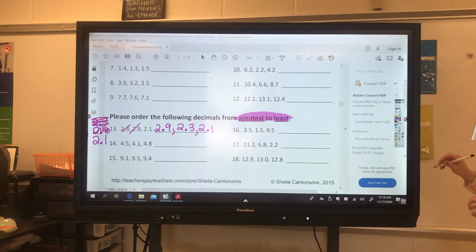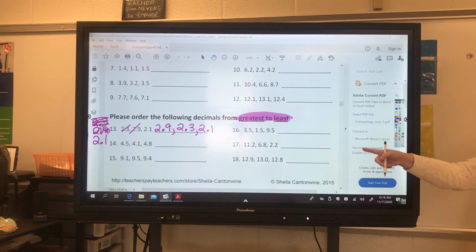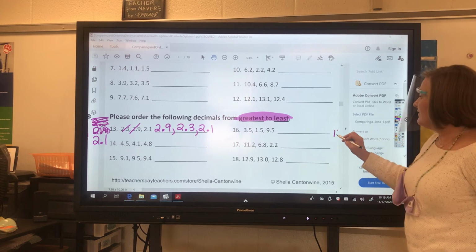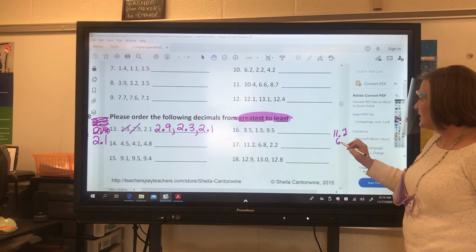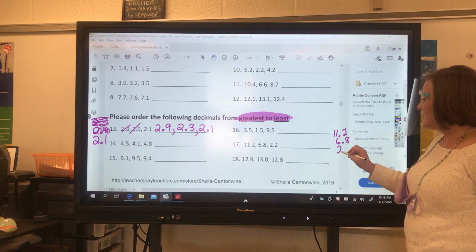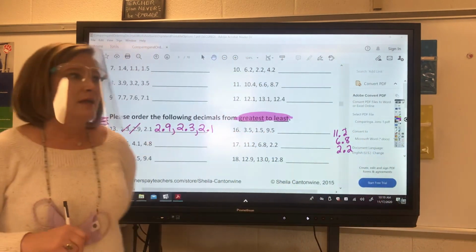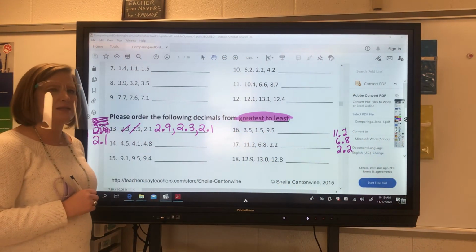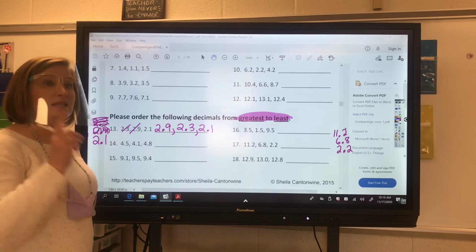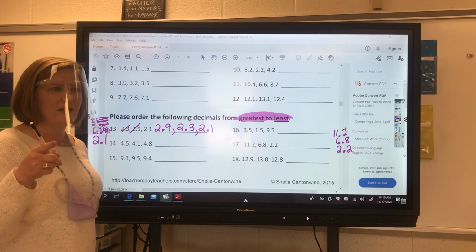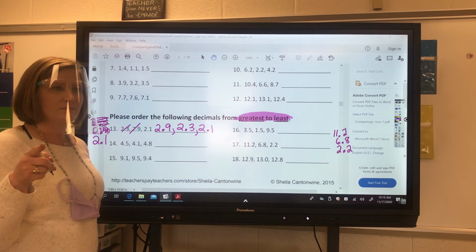All right, I want to skip over and do number 17 together, okay? Over here on the right side. We've got 11 and 2/10, 6 and 8/10, and 2 and 2/10. Can we compare the tens place? Yes. What can we get by comparing the tens place? 11.